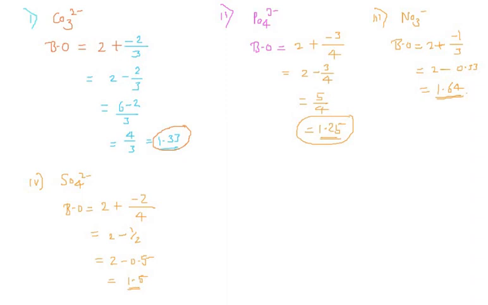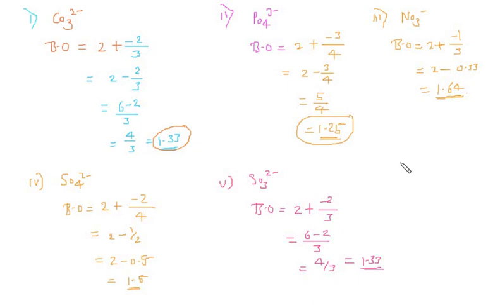Okay, now the next one is we need to find out the bond order of sulfite ion. So again we'll use the formula: 2 plus the charge, which is minus 2, divided by 3, so it is 6 minus 2 by 3, which comes out to be 4 by 3, and the answer is 1.33.